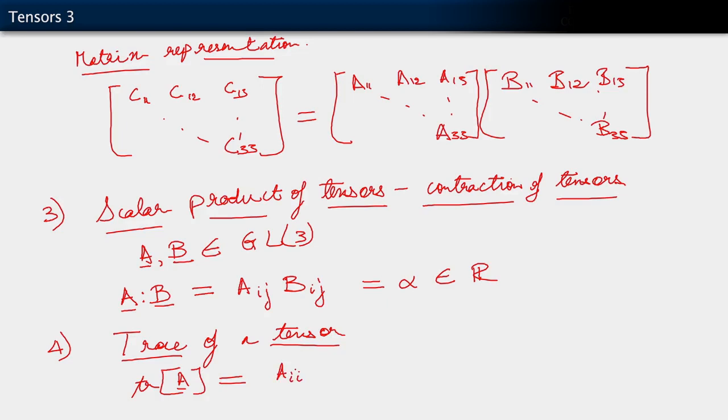Observe that the index i has been repeated, and therefore there is a sum implied over it. This simply works out to A11 plus A22 plus A33. If you were to carry out the calculations, you will discover that the trace of a tensor is invariant with respect to basis.